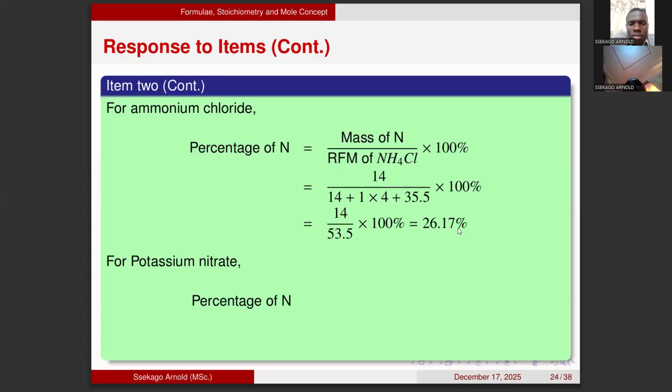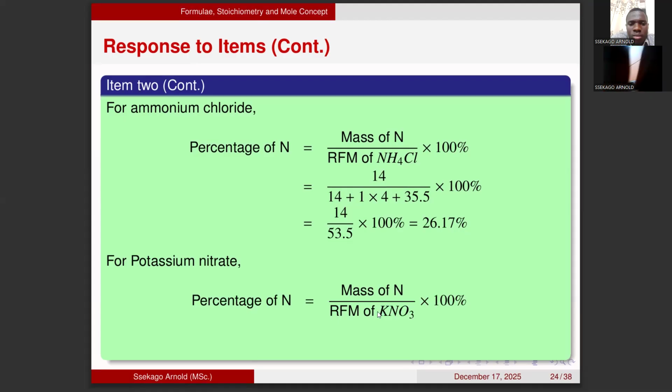For potassium nitrate, still percentage of nitrogen will be mass of nitrogen over RFM of the compound potassium nitrate. Next, you identify the capital N's, the atoms of nitrogen that are within the given compound. Potassium nitrate looks like this.